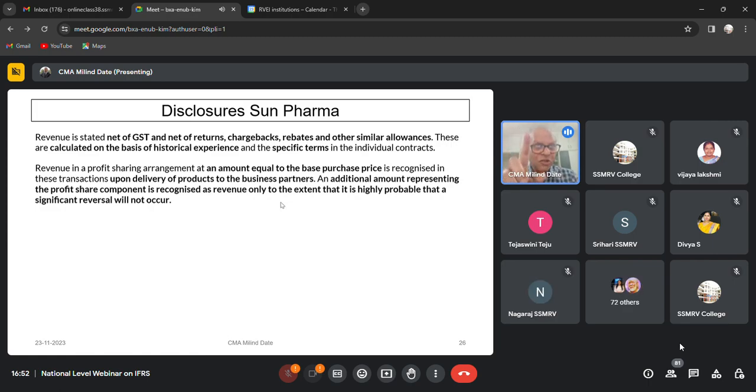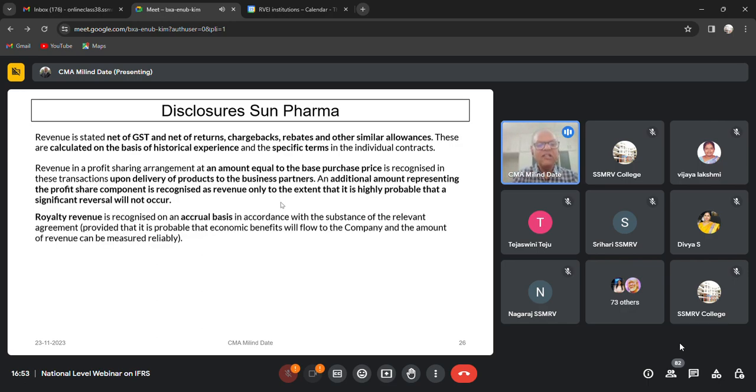Getting the financial statements prepared, getting them audited, whether the profits are as per the estimate, only then can that extra 2 lakh of revenue be recognized, if you can prove that it's highly likely that it will not be required to be reversed in future. Royalty on accrual basis, license fee, right?